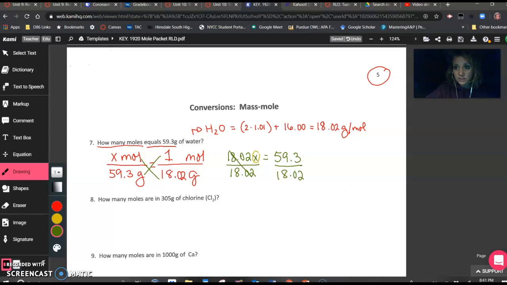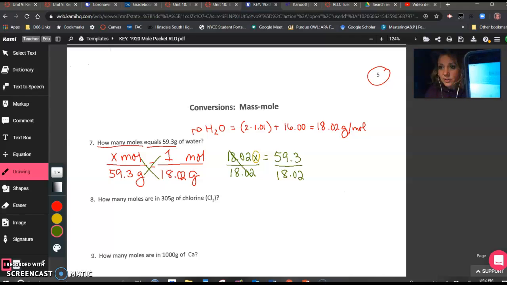But just remember, and this is a common error that students make over the years, is that they don't punch the numbers into their calculator correctly. So if you're going to do that, you've got to punch in 59.3, the top number, and then the divide sign, and then punch in your bottom number.